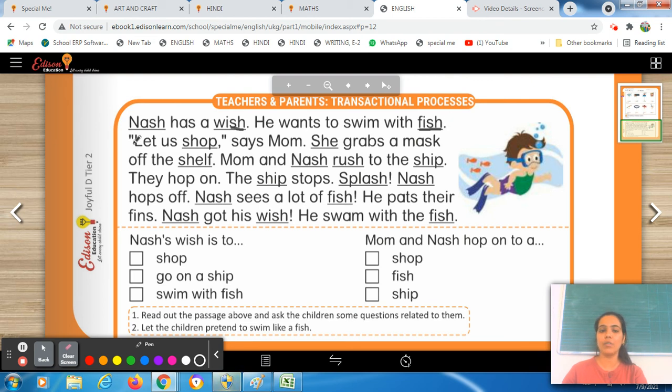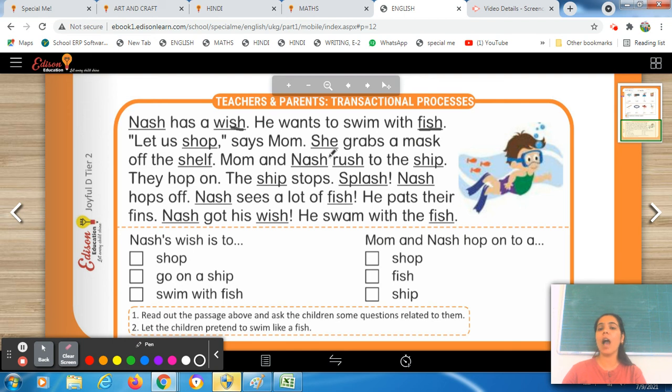Now you start reading from here. Let us shop. Let us shop. Nash's mom says, let us shop. So she. So students, as you know, we use he for boys.